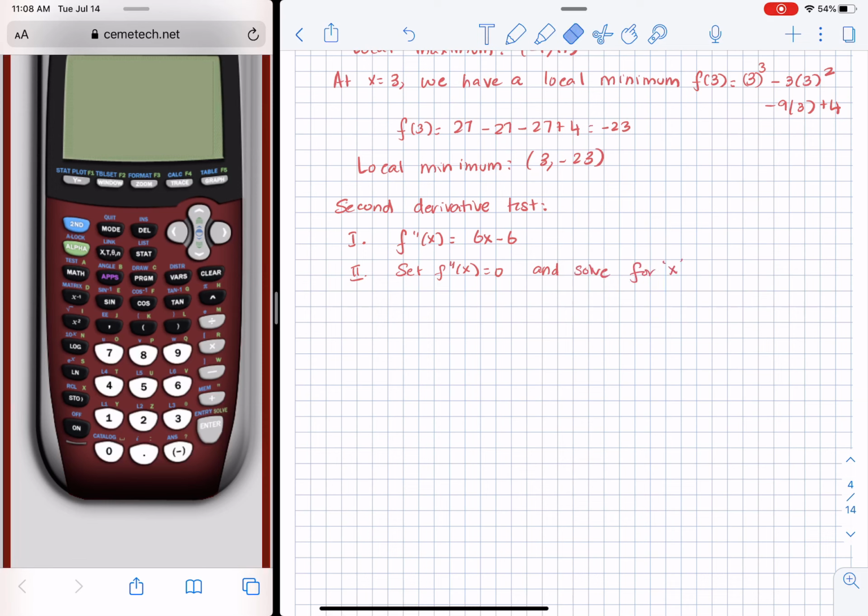Set the second derivative equal to 0, and we solve for x. So 6x minus 6 equals 0, which would mean 6x is equal to 6, which implies x is 1. So the inflection point is x is equal to 1.